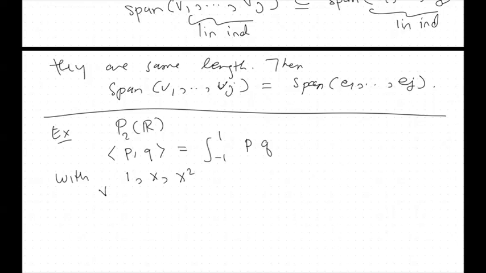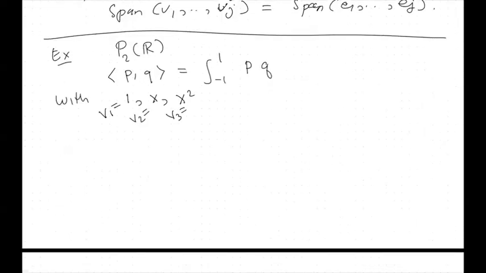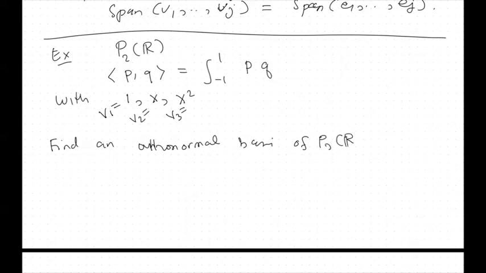So here we will write this as V1, this as V2, and this as V3, and then find an orthonormal basis for our P2(R).